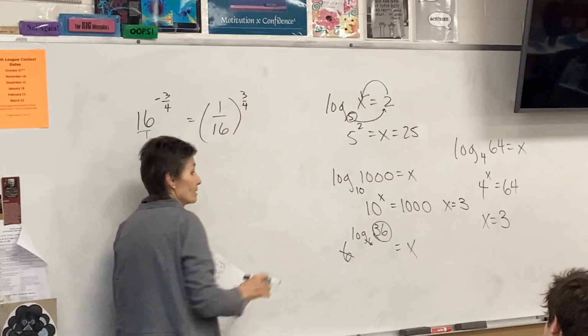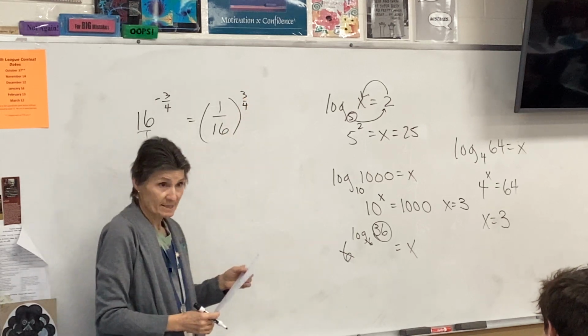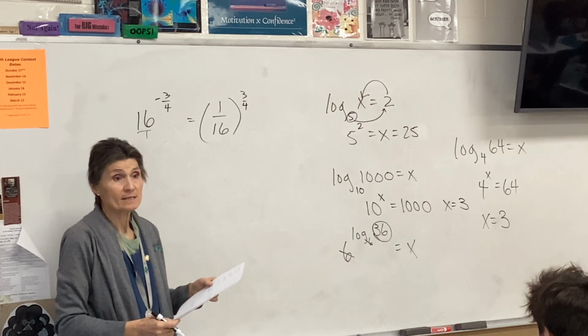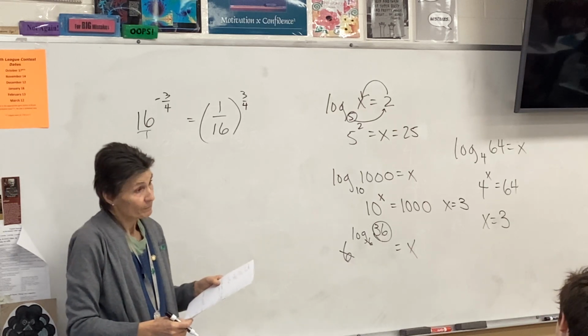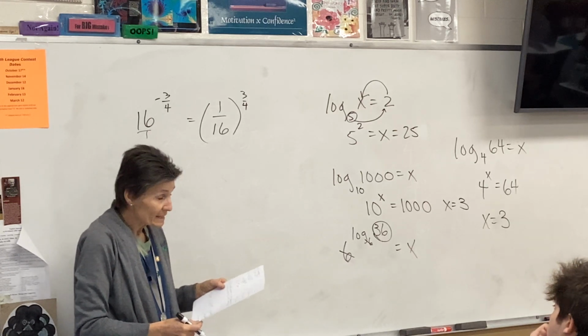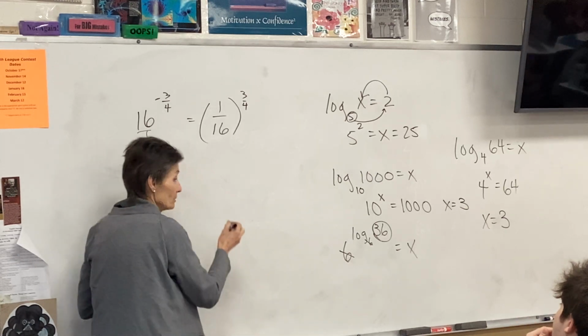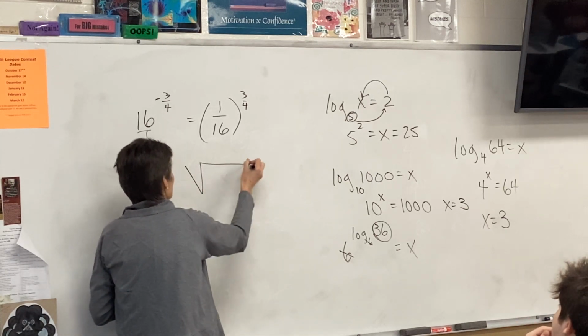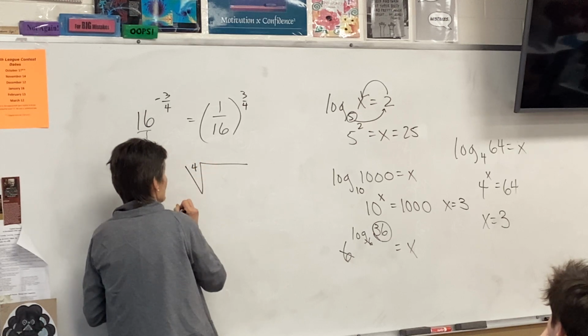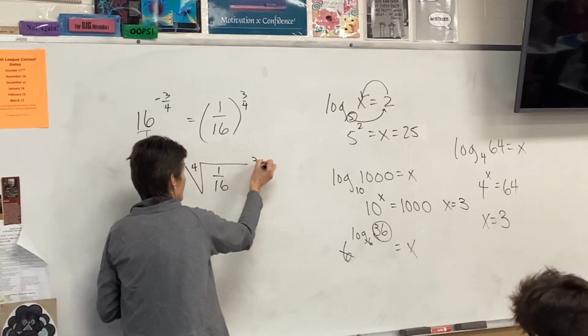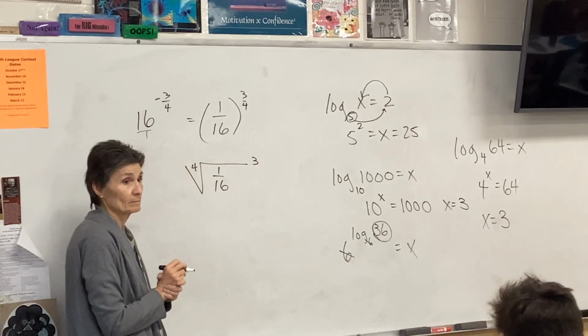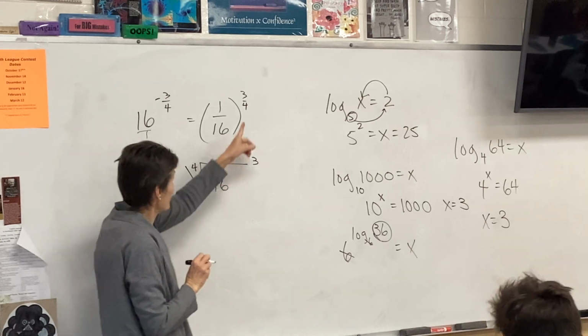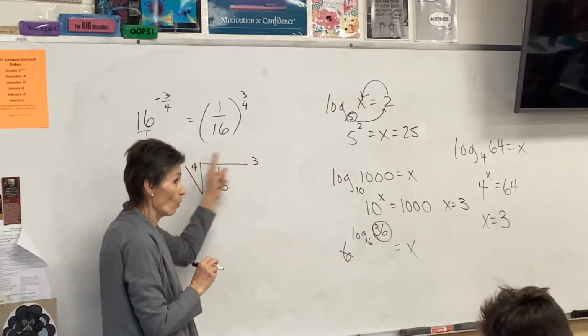And then you have to bring that radical into the fraction. And then since the exponent is a fraction, what does that mean? A radical. So this is going to be the 4th root of 1/16 cubed. Remember, a fractional exponent is always a radical.